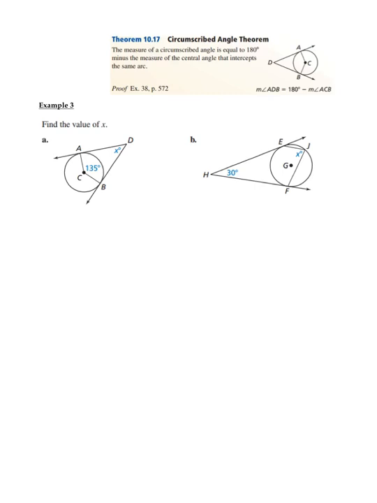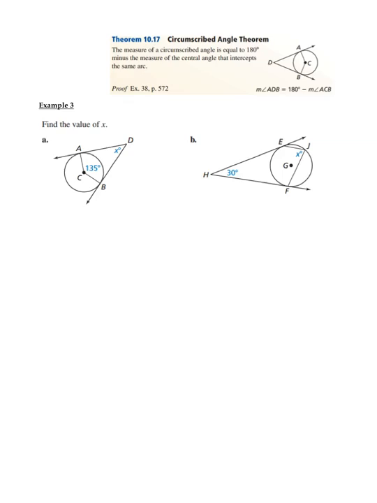So in order to find angle ADB, we would simply do 180 minus the measure of the arc. In this case, the arc that it intercepts is going to be ACB. So I'm going to do 180 minus angle ACB.